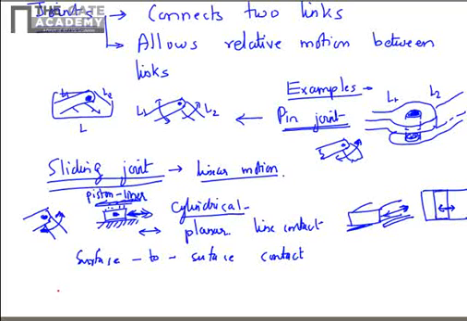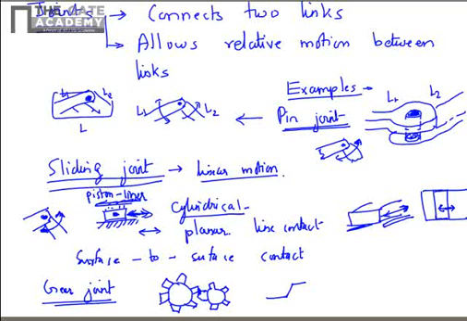There are other examples such as the gear joint. In a gear joint, we see a line-to-line contact. This will be explained in much more detail in chapter 2, which is dedicated to gears. But when we analyze the motion of two teeth together, you will see that there is only a line contact. In a gear, there is a contact between two teeth of either side, and one tooth pushes the other.